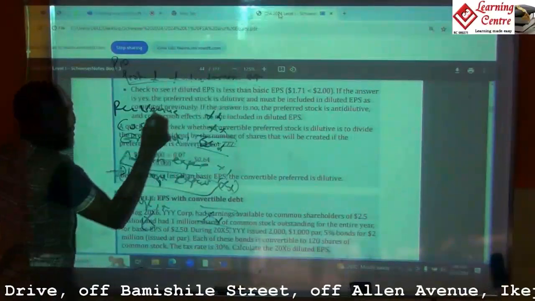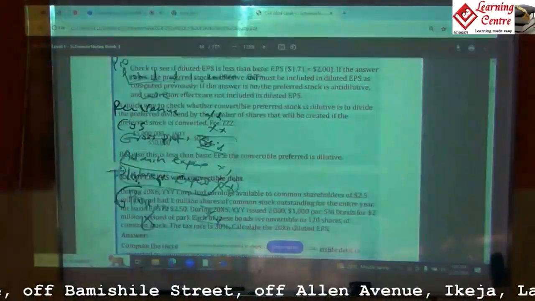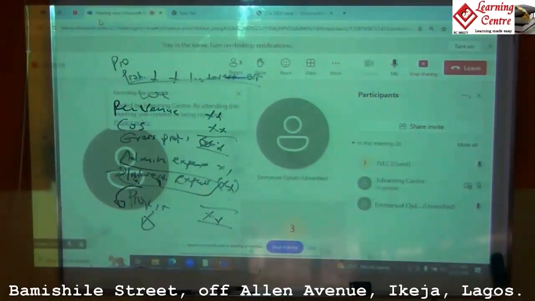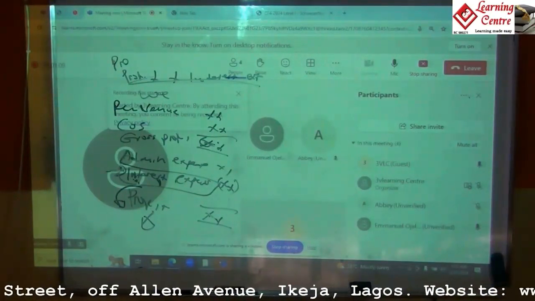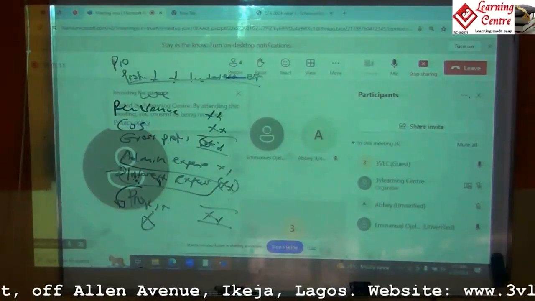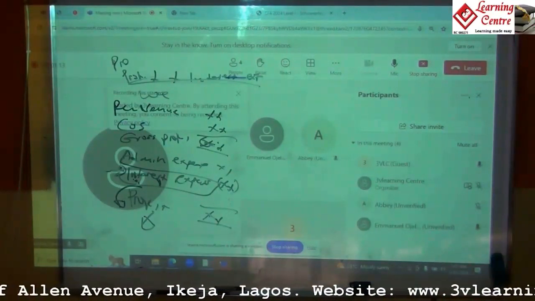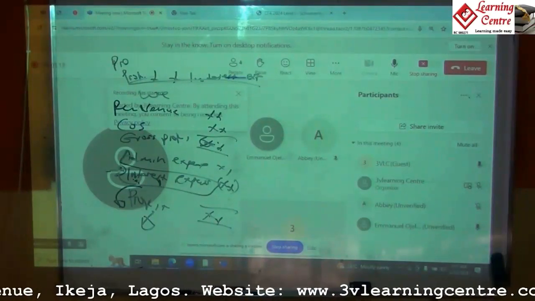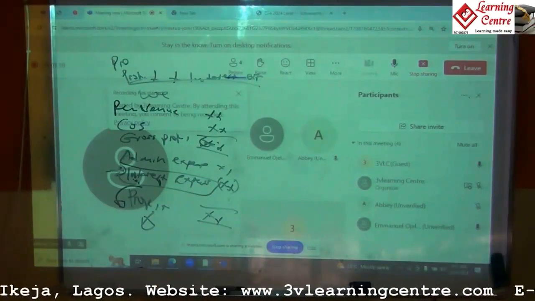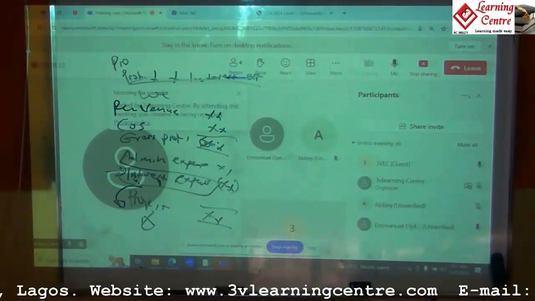You now calculate your. So this is what I'm saying. I just wrote a hypothetical financial statement, which is revenue minus cost of sales. So you get your gross profit. From your gross profit, you remove your admin expenses. From that, you then remove your interest expense, to get your profit.